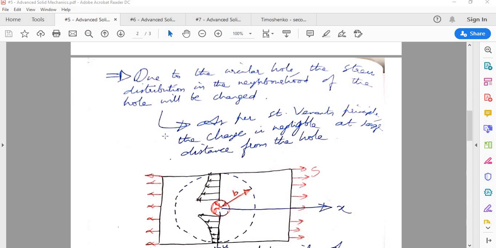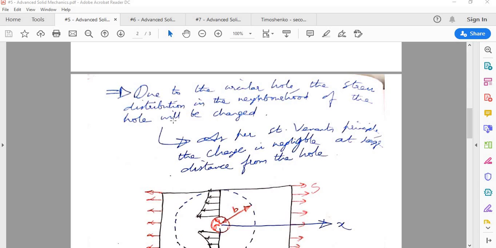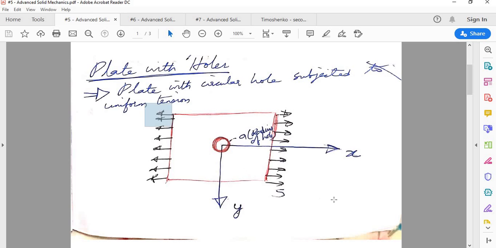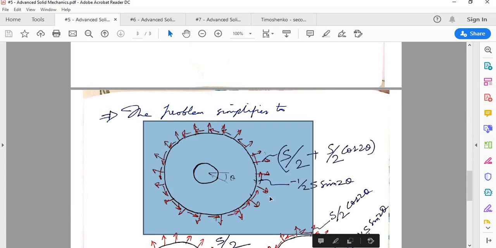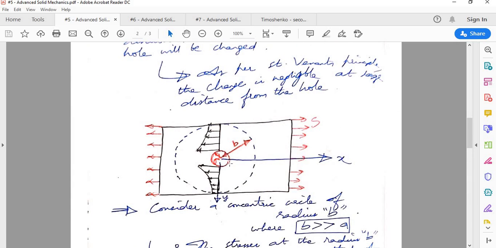So one of the questions I can ask you is, where is Saint Venant's principle applied in the solution of plate with hole? Remember, this is our original problem, and this problem we are converting to this problem. So that is possible by applying Saint Venant's principle.